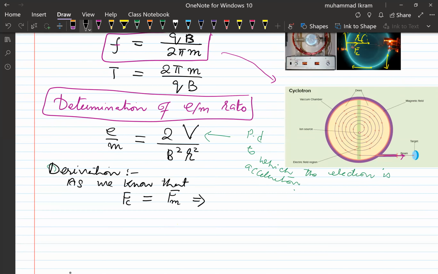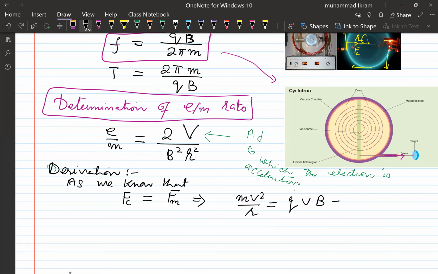As I told you, it will be equal to mv square by r, and this is equal to q into vB.